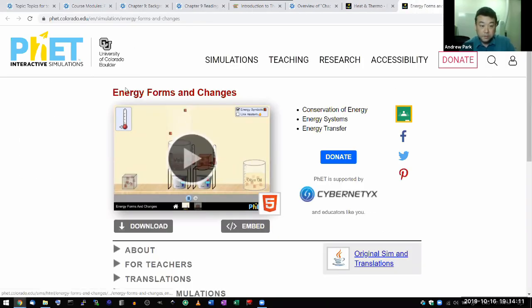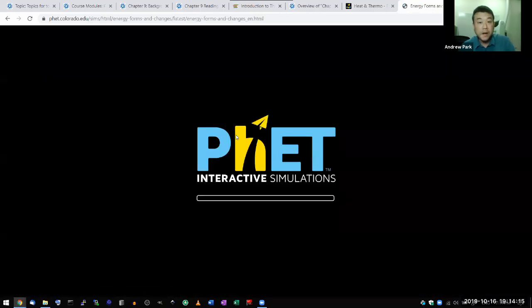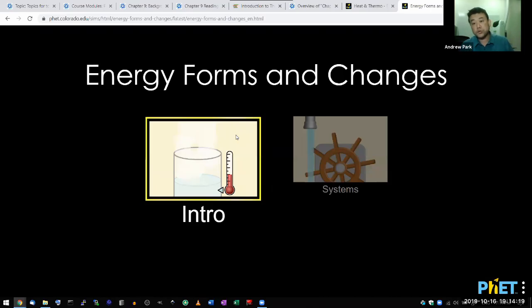So I just wanted to use this energy forms and changes simulation to talk about different forms of energy. Because up until Unit 2, we quite deliberately limited ourselves to mechanical energy, that is kinetic energy, and a few forms of potential energy. You've seen gravitational potential energy and spring potential energy.